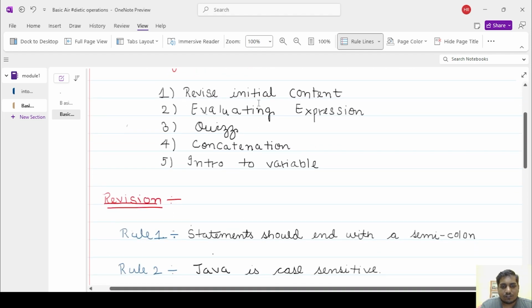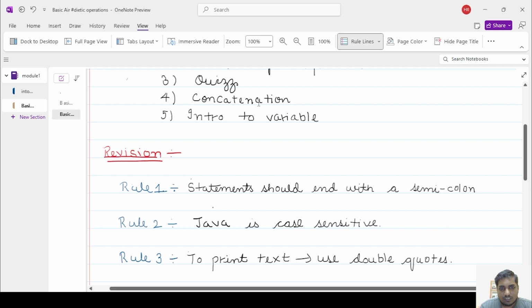So, in the previous class, we have learned 6 rules of Java, where rule number 1 says every statement ends with the semicolon. Rule number 2 says Java is case sensitive. Rule number 3, every string or text is written in double quotes.